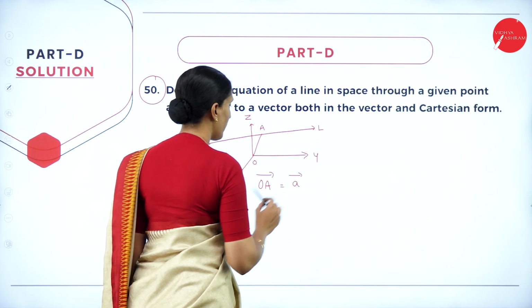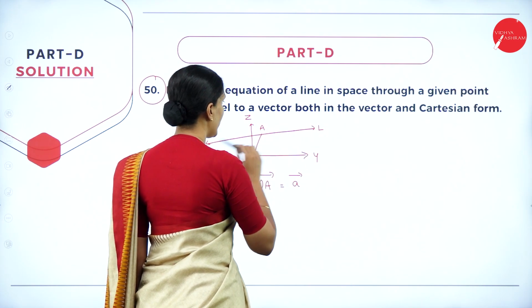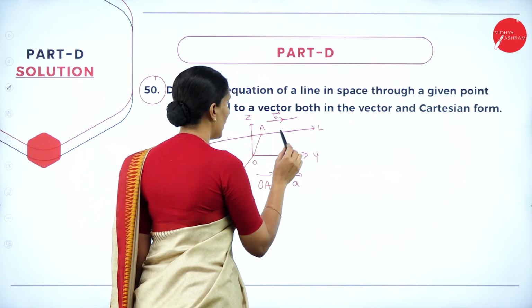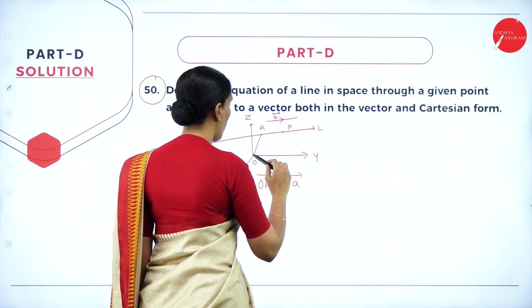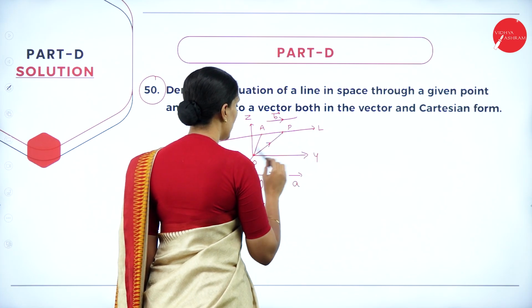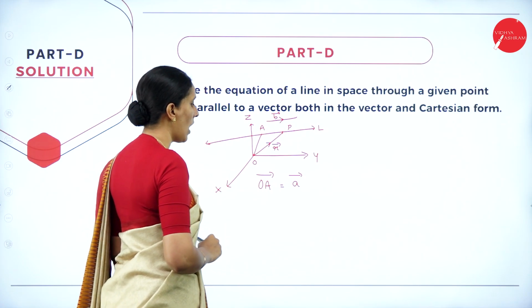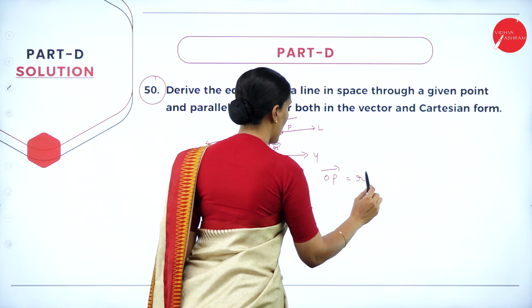I'll consider this as vector A. Now let this line be passing through point A and parallel to vector B. So this is vector B. Let me consider any point P on the line, any arbitrary point on the line, and let the position vector of this point from the origin be R. So vector OP is equal to R.